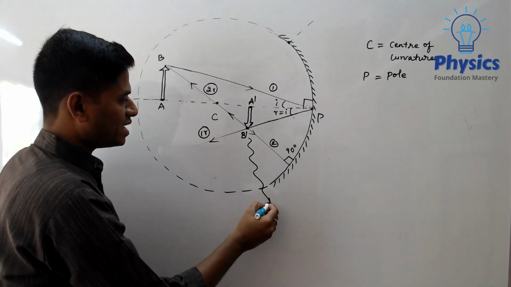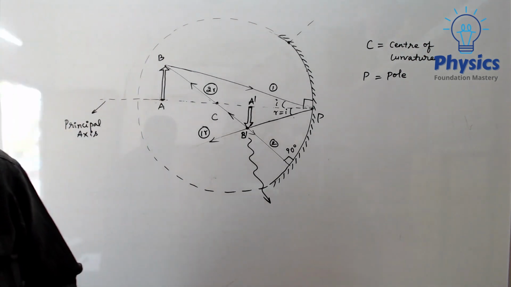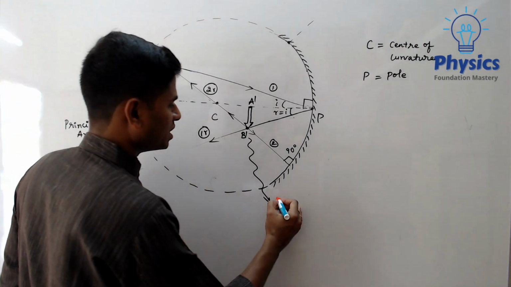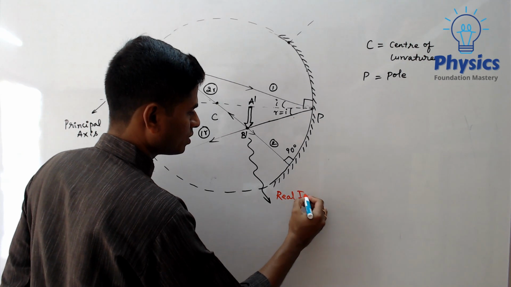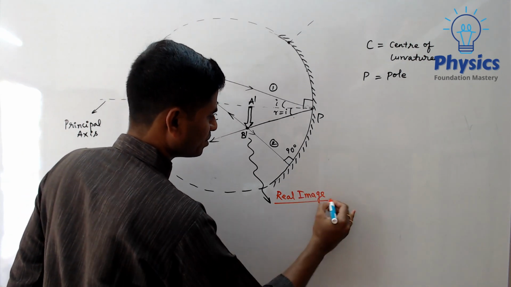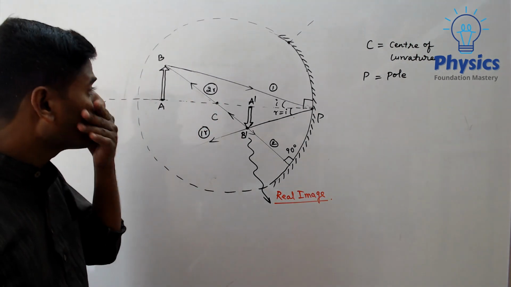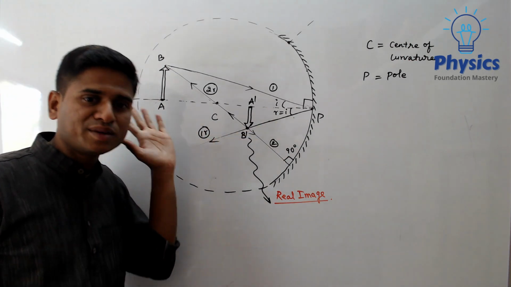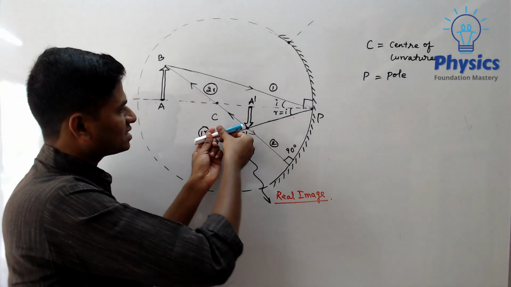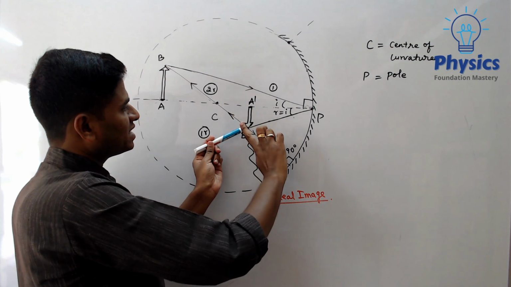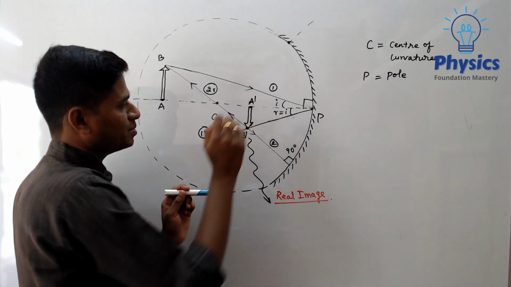The image which is formed thus is a real image. Why is it a real image? Because the reflected rays are actually meeting. One reflected ray is coming like this, the other like this, so the meeting point is B dash.